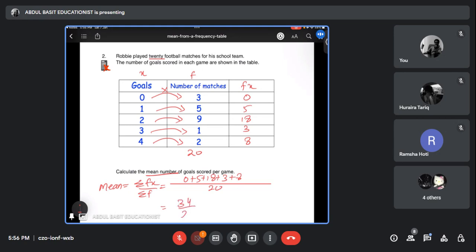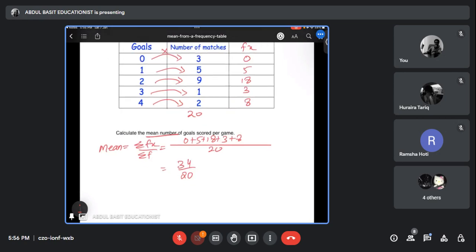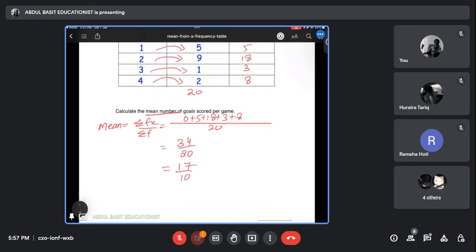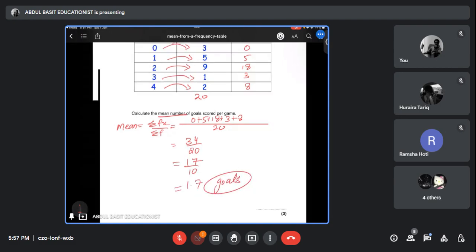Am I right or wrong? 34 divided by 20 is 17 divided by 10, right? And 17 by 10 is 1.7. Agree? So 1.7 goals is the mean goal.